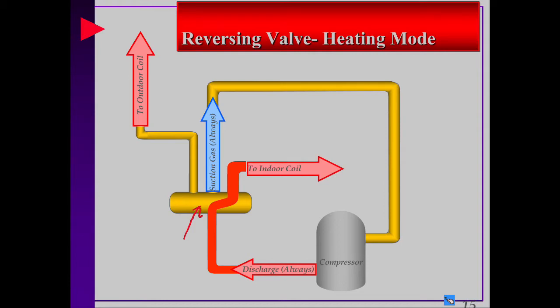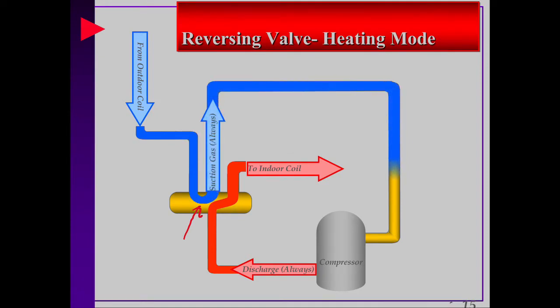Then of course the outdoor coil is now going to act like an evaporator, and that's going to pull the heat out and obviously send that directly back into there. So really that's kind of the operation, or what it's doing when they talk about it redirecting the flow. That's what has to happen.